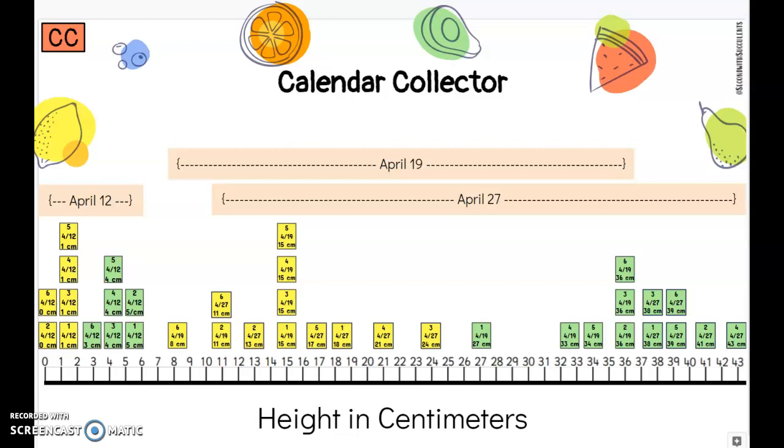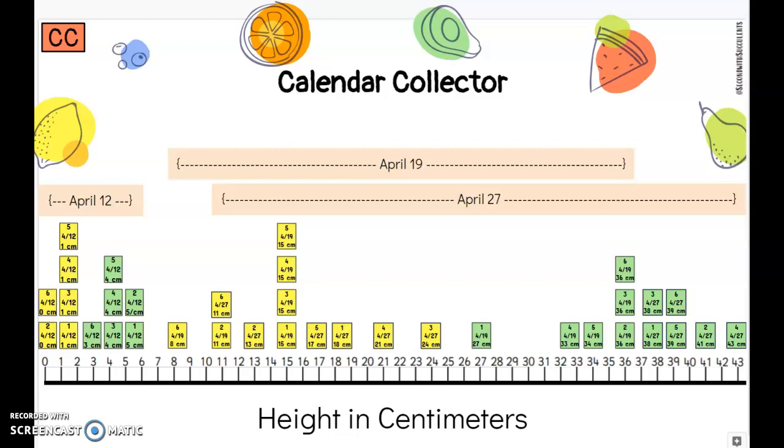Here's a look at our line plot, all put together. Put some noticings in your head to come back to as we start to answer some questions. Give me a thumbs up if you have at least one noticing.